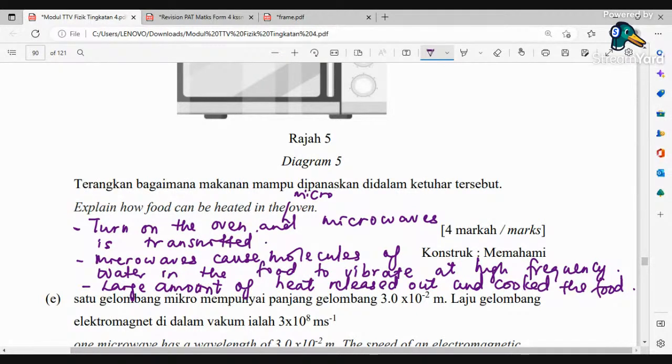Okay. Turn on the oven and microwave is transmitted. Microwave cause molecules of water in the food to vibrate at high frequency. Large amount of heat released out and cook the food. Okay, so this is how food is cooked by using microwave oven, right? 4 marks.